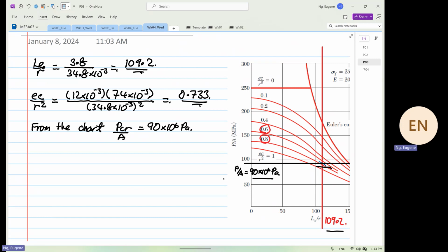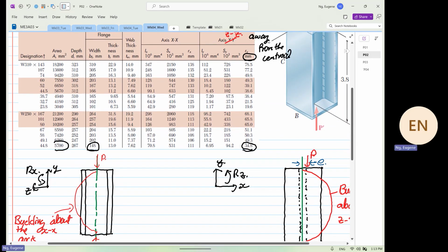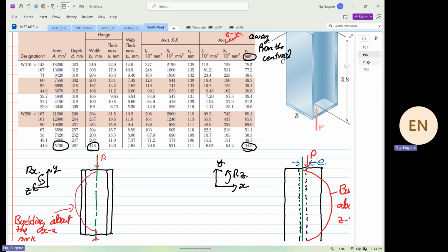Okay. So the factor of safety is equal to 90 times 10 to the power 6 divided by the load that we are carrying, which is 175 times 10 to the power 3, divided by the cross-sectional area. Go back to our table, the cross-sectional area is equal to what? 5700. Okay, so it's 5700 times 10 to the power minus 6.